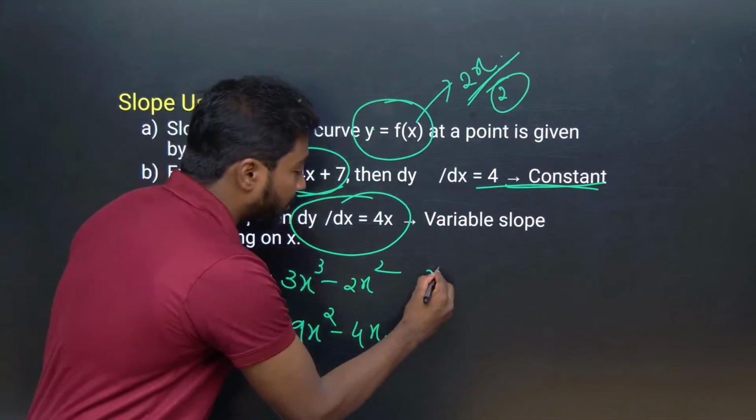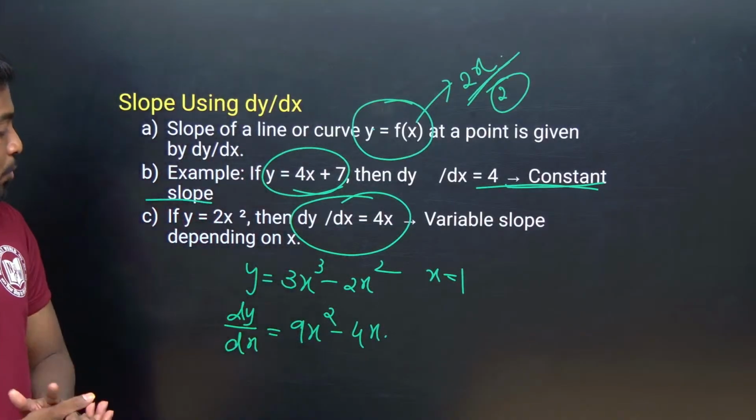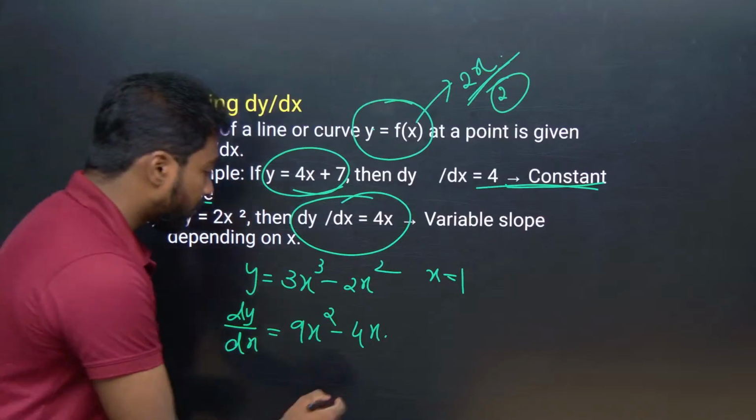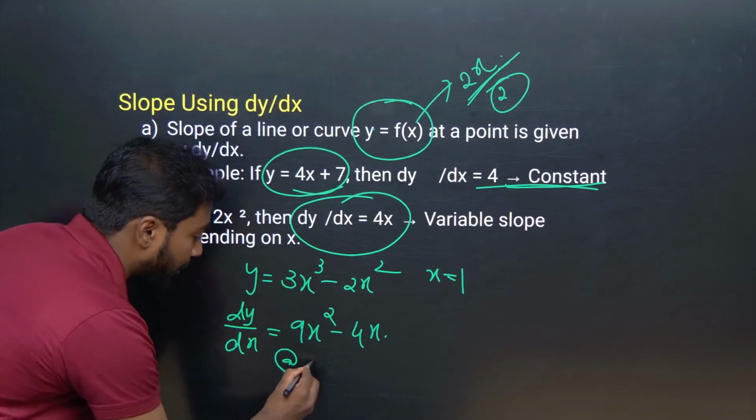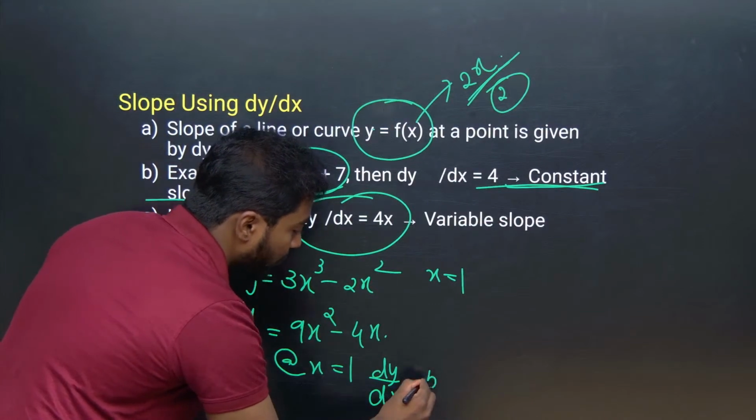If I put x equals 1, what is the value? It is 5. So at x equals 1, dy by dx is equal to 5.